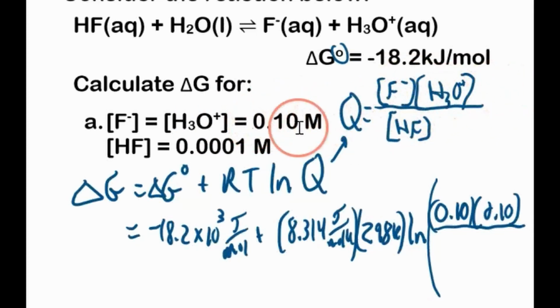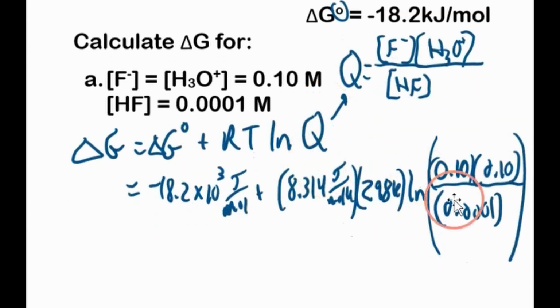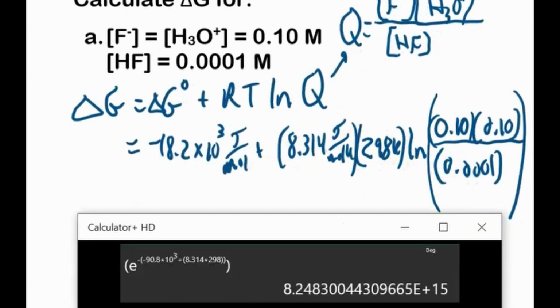If you're in general chemistry, you probably don't have to worry about activities. You just plug in the numbers, and as long as the units are the same, Q will be unitless overall. The bottom is 0.0001, 10 to the negative 4, and then we'll close our brackets.